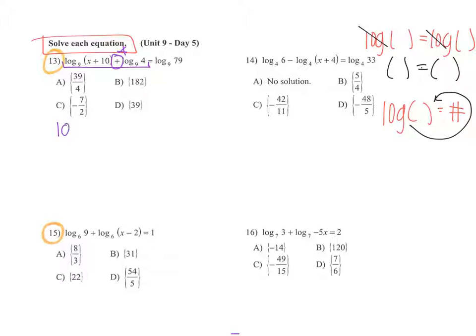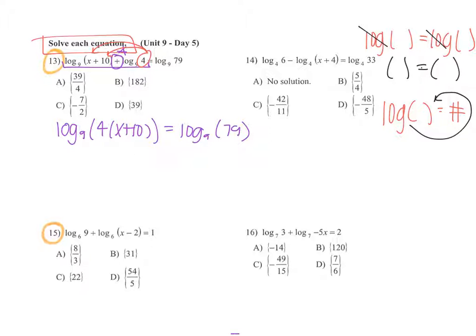So now we have one single log, base 9, of 4 times x plus 10 equals log base 9 of 79. Now you might be wondering, why didn't I put the x plus 10 first and the 4 second? Because that's the order it was in number 13. And yes, that's true, but because I'm multiplying, I like to put the single thing first, the monomial first, and then the x plus 10, the binomial second.